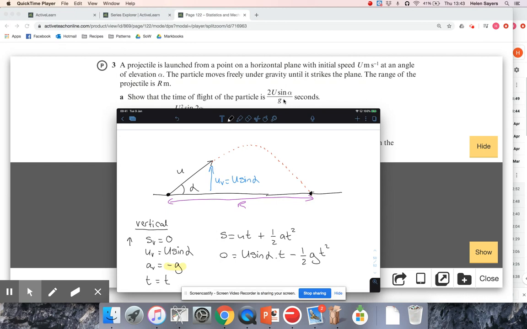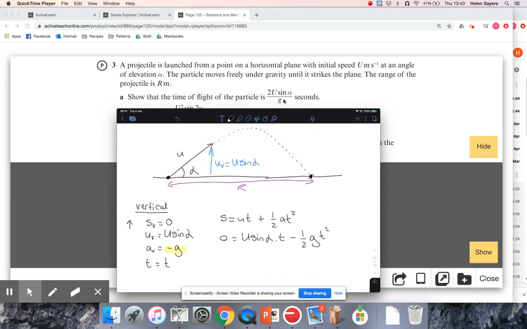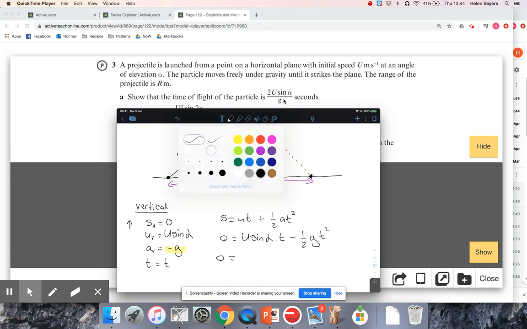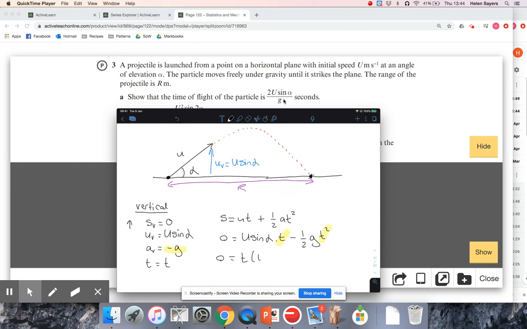Okay, so I've got a quadratic in t, but it's not that bad because I can just take out a common factor of t. I've got a t in the first term and a t² in the second term. So if I take out a common factor of t, that will leave me with U sine alpha for the first part, and then minus ½gt for the second part.